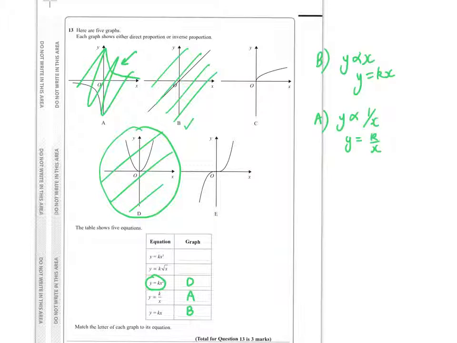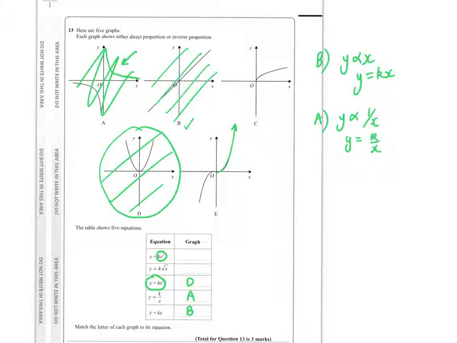So we've got to be careful here. This one seems to show that when x gets large, y seems to, well, how can I put it? It doesn't get massively large, does it? It doesn't do something like this, where it gets exponentially large. It kind of peters off a little bit. So let's have a think. If it was this one and it got really large, wouldn't that have more of a shape like this, where it was growing really fast?